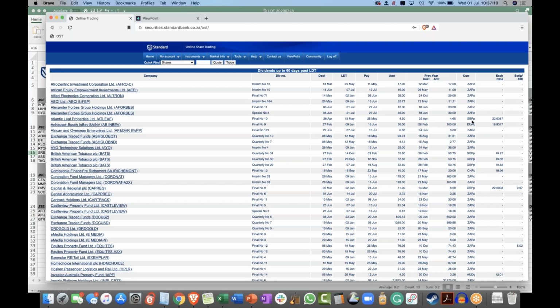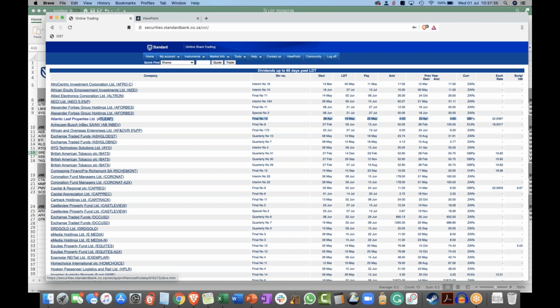If you see there's a GBP one there, Atlantic Leaf Properties, they pay in GBP, small p. Very important. The small p, the C after the ZAR, etc., means that is cents, or in the case of GBP, it is pence. That is not £4.65, or in the case of the one just above, 30 Rand, it is 30 cents.